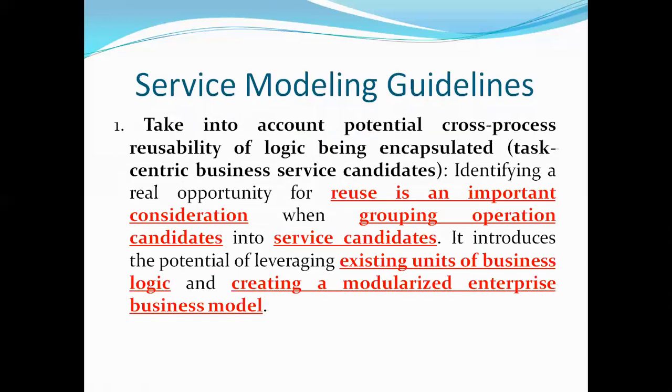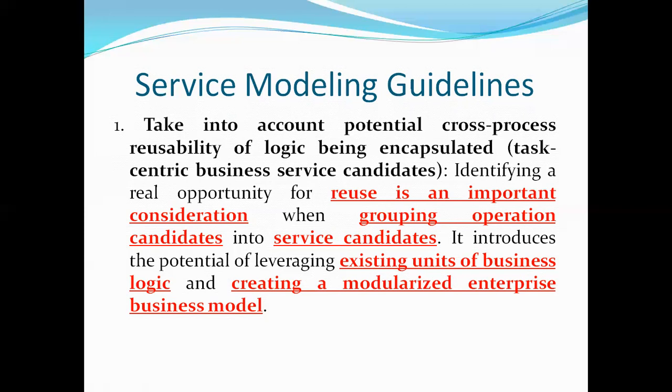There are many guidelines, and the first guideline highlights that we take into account the potential cross-process reusability. We are developing web services for different processes, and the web service is reused in different processes.